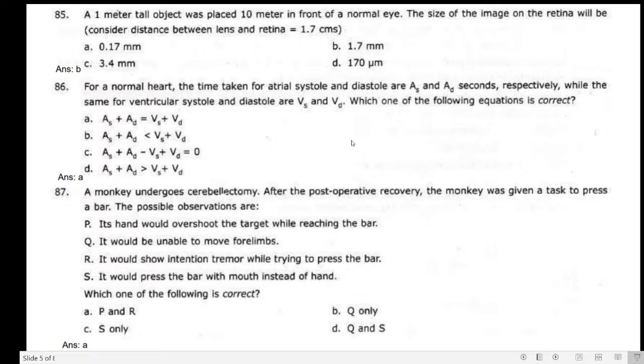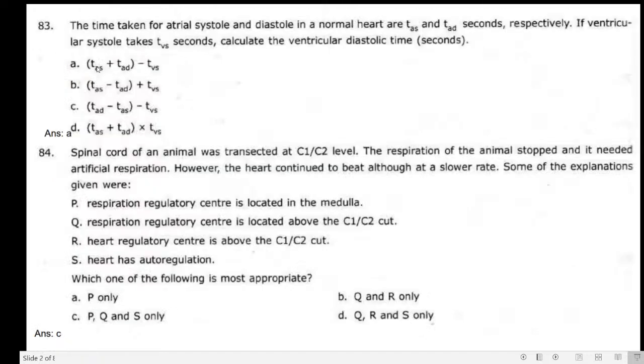They provided VS and VD. Which one of the following is correct? You can easily tell. Previously they also mentioned AS plus AD equals VS plus VD. So only that previous equation is like that.